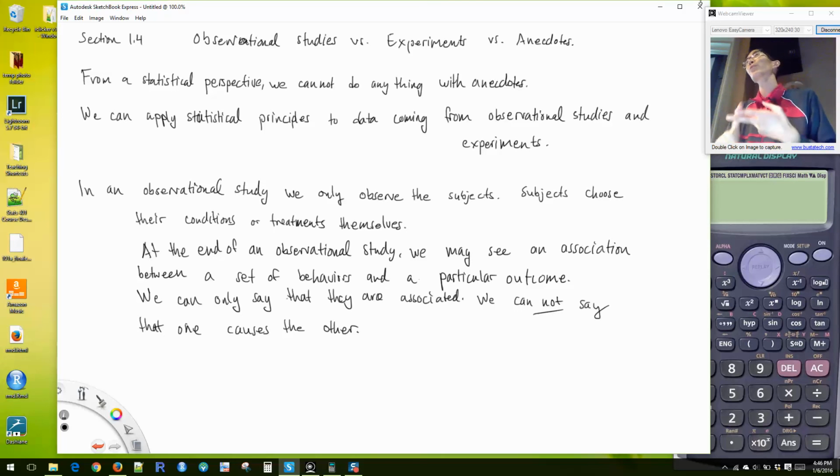People who are into fitness and eating healthy are less likely to drink diet soda or even soda to begin with. Because we're not forcing people to drink diet soda and we're not telling people how to live their lives, certain behaviors and certain outcomes might just be associated. So we cannot say that one causes the other.